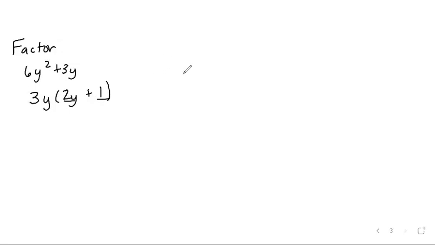So you guys might need to see one more. Let's see. So if I have s to the 4th plus 4s cubed, and they're telling me to factor, well, this is a 1 and this is a 4. So I can't pull out any numbers from that because there's nothing that 1 and 4 have in common besides 1. So then I'm going to look at my variable.